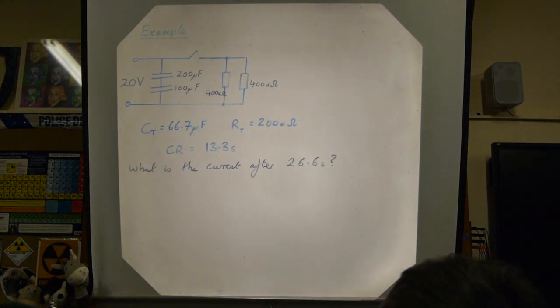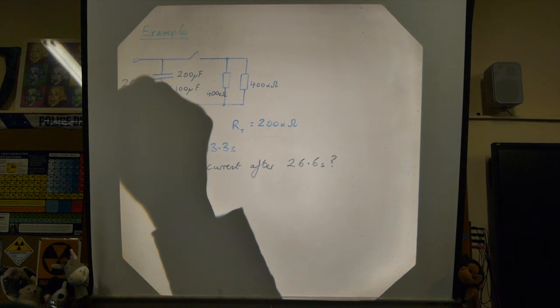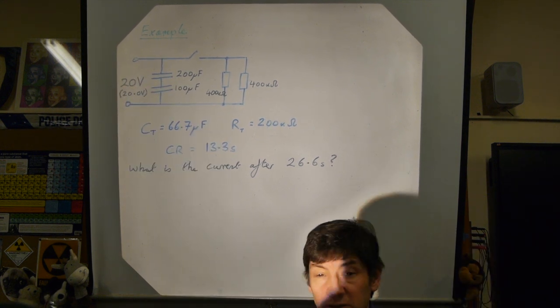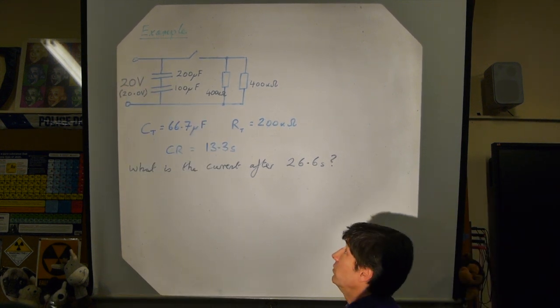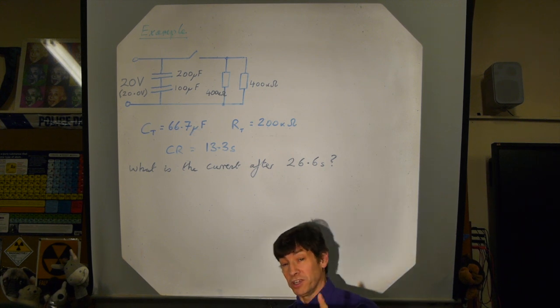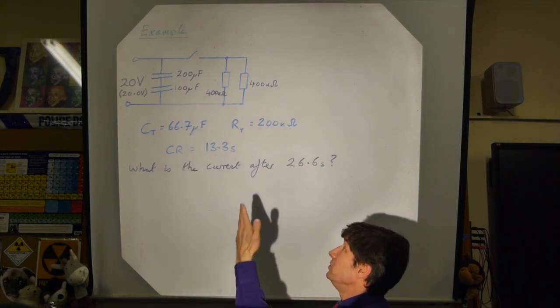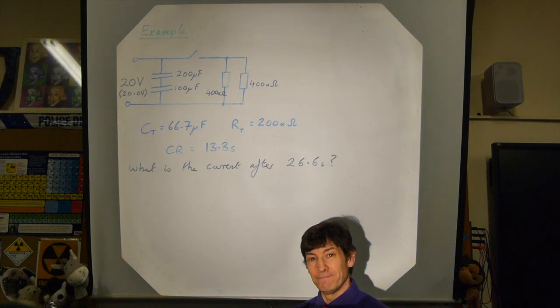For the sake of this, I should really say 20.0 volts, as I'm going to make some effort to get the right number of decimal places, or at least significant figures, as it were. Okay, so pause time. I promise you, you now can solve this problem.